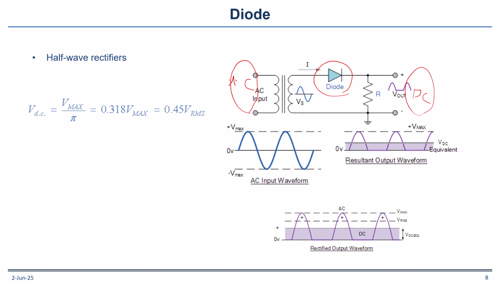So here we have a half-wave rectifier, which is just one diode. If you have this input and you just use the diode, the output will be like this, and it is not very good because we have a lot of oscillations, and the RMS value is 31% of the maximum value.